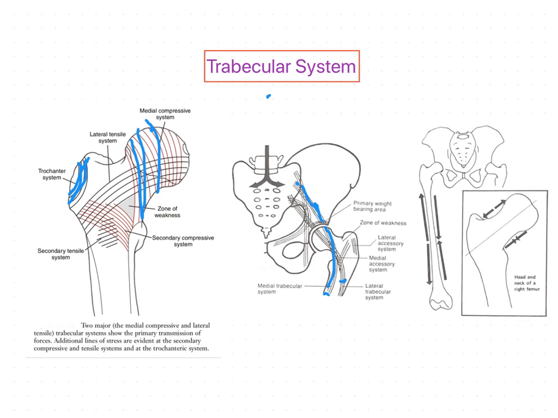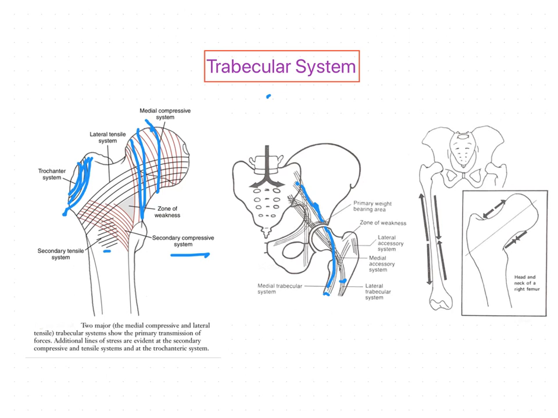You'll find some lines here, and here you can find the secondary tensile system, which is seen on the upper shaft. Okay, and also you can find this secondary compressive system. So these are all the trabecular systems, and how they are formed.